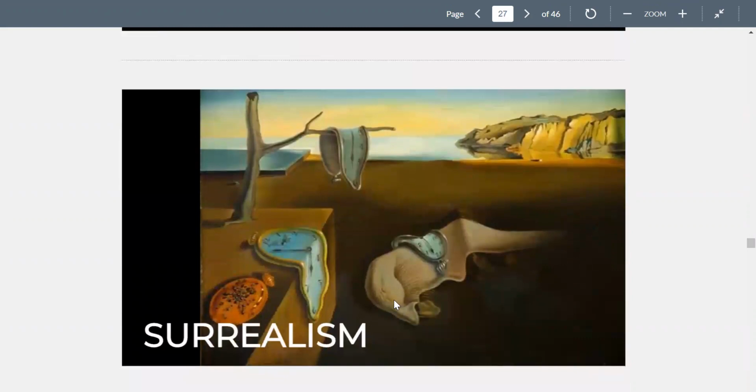See here also the artworks by certain artists. I will give you some names. You can look into those examples on the web. There are some artists who have done these surrealism artworks.